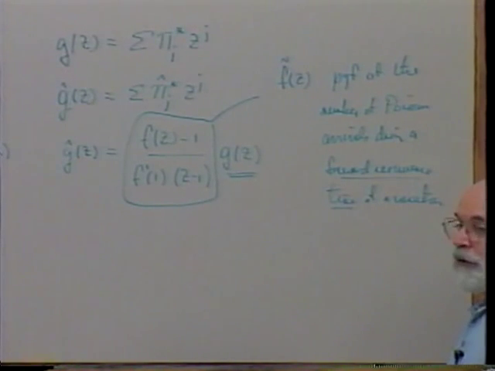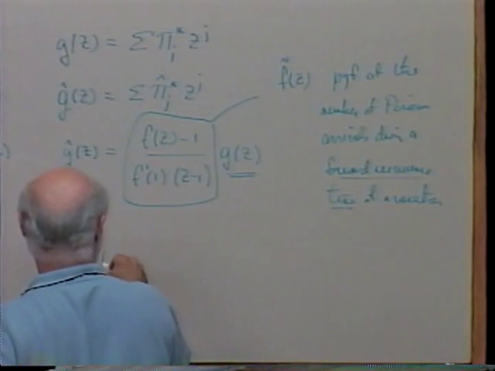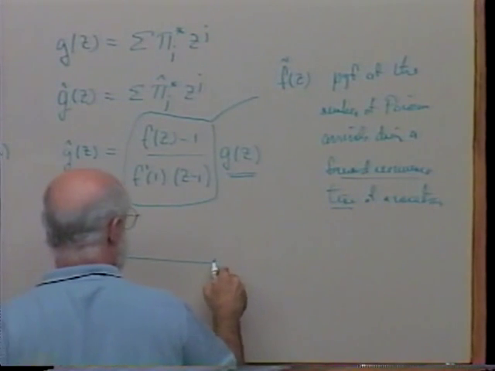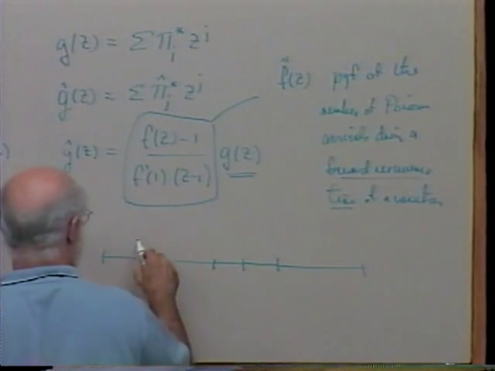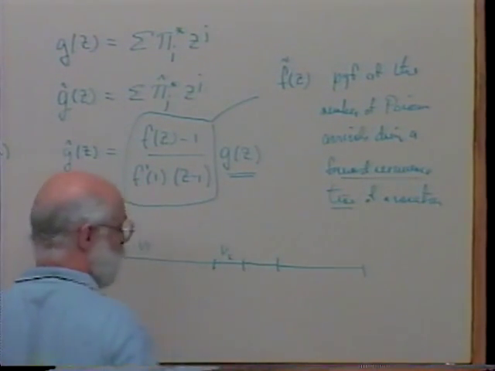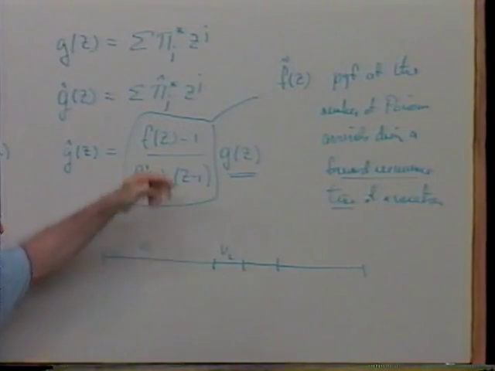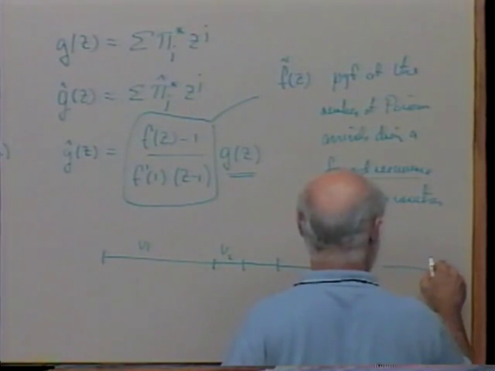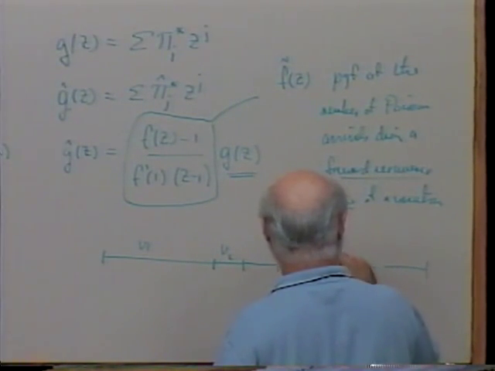So what this says, amazingly, is that when the server goes on vacation, let's imagine that there's a renewal process in which the intervals in the renewal process are vacation intervals. Vacation 1, vacation 2, and so forth. And let's suppose that the vacations are IID. Now, no one in the formulation of the model, that wasn't required. But if there were such a process like that, then if I interrupted that process at random, there would be a forward recurrence time.